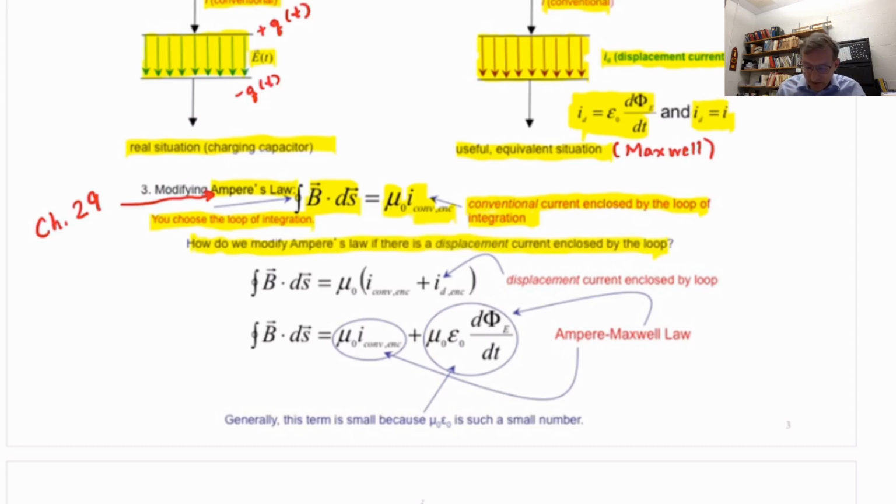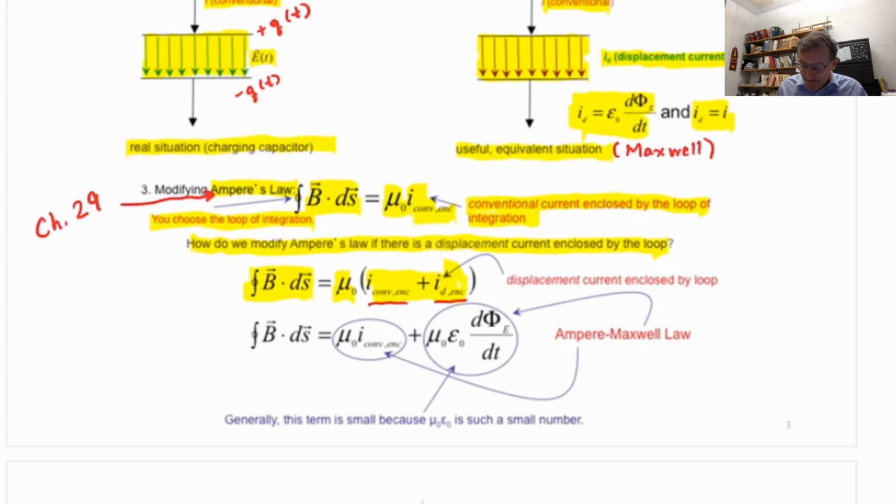On the left, you still integrate the magnetic field around a closed loop, and we pick the loop. But now the result of that integral will be proportional to the sum of the conventional current enclosed by the loop and the displacement current enclosed by the loop. And again, the proportionality constant is mu0. So Maxwell added that displacement current enclosed term.